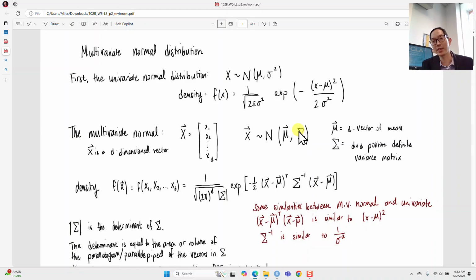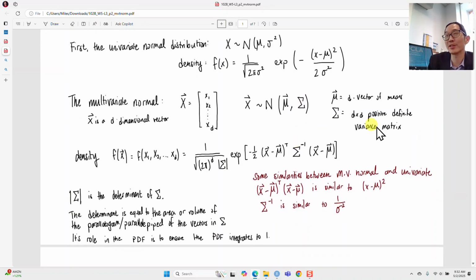Can't have zeros and stuff in there. No zero eigenvalues, I should say. So we have that.